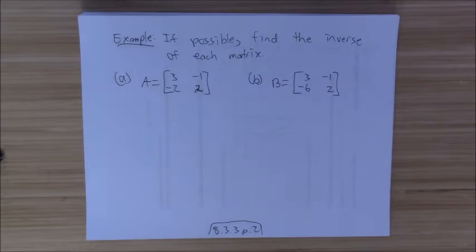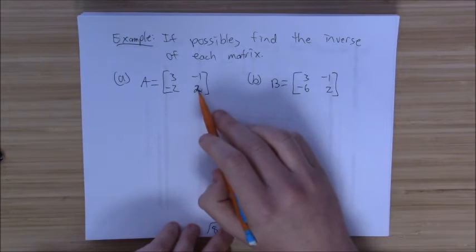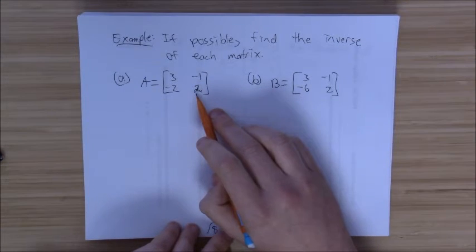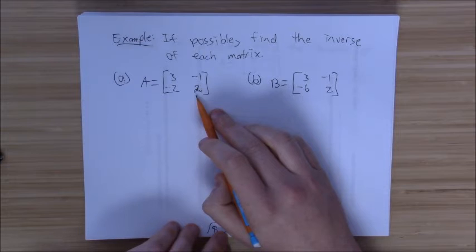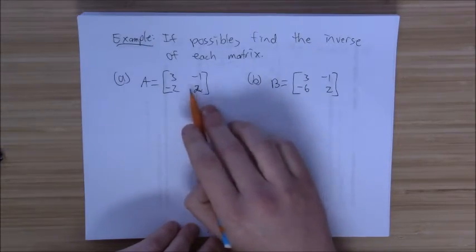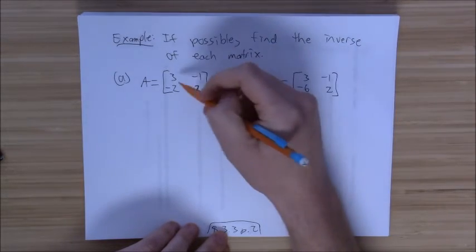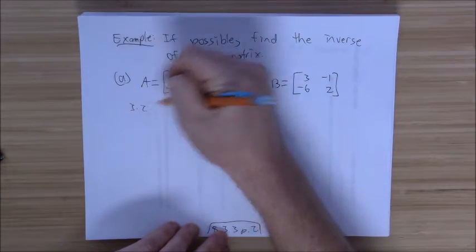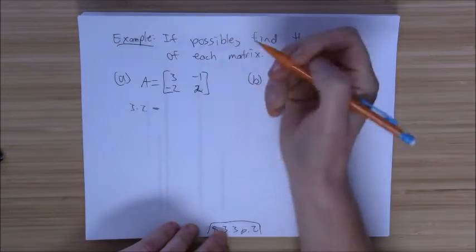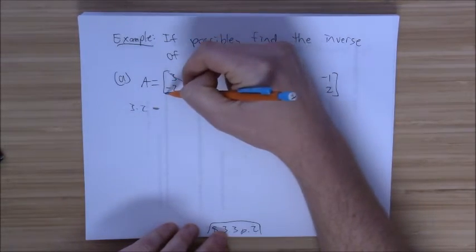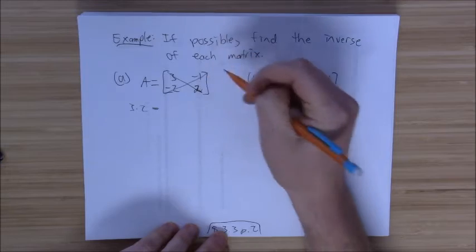So let's do a couple of examples of finding the inverse of 2 by 2 matrices using this formula. Here, first, let's calculate the determinant to make sure that the inverse does in fact exist. So here we have 3 times 2 minus, and I like to think of it as multiply those two and subtract the multiplication of those two, because that's what you're doing.